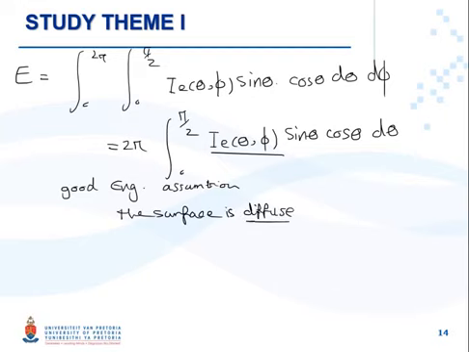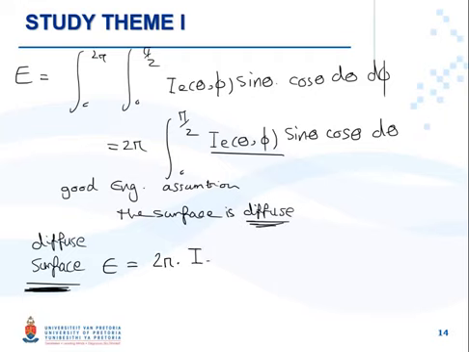So when the surface is diffuse, what does it mean? It means that it's independent of direction, so it can come out of the integral for a diffuse surface, which is a good engineering assumption for many surfaces that we face. We can say 2 pi IE, no direction, integral from 0 to pi over 2, sine theta, cosine theta, d theta.